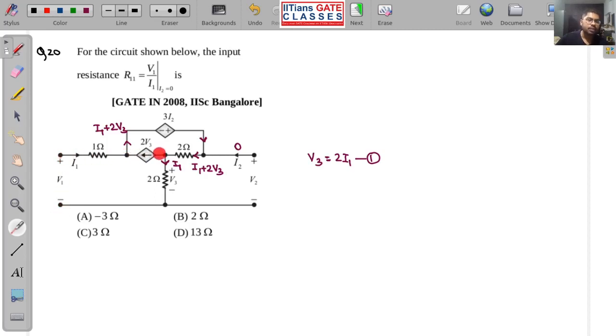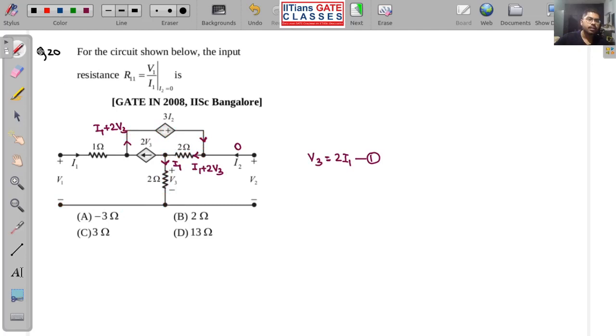Why not here? Because there is a current source, and I have already told you, in the terminals of my current source I don't know what the voltage is. So I will not be moving here. After this point I will be going here. Here I have a voltage source, so it will be okay to apply KVL. Then here, here, here, and ending at this point.